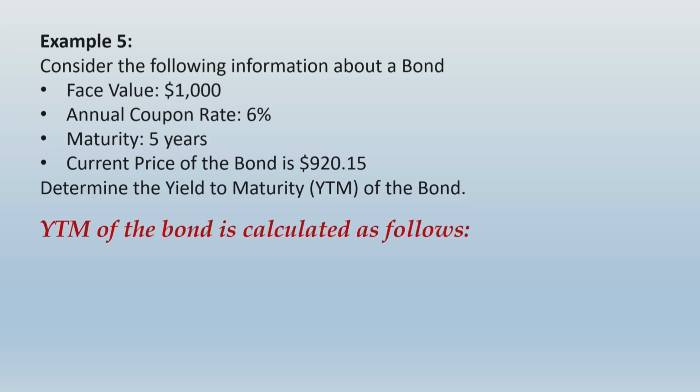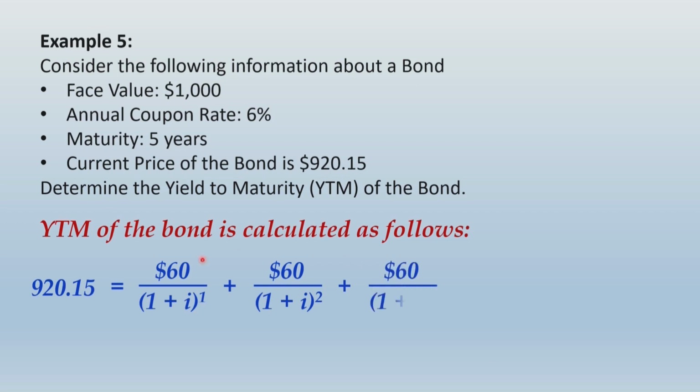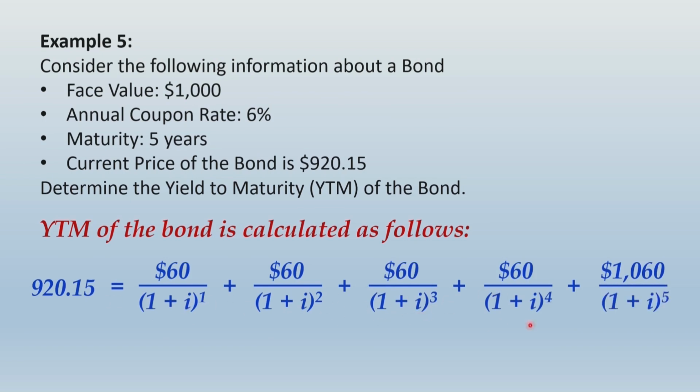So you set an equation where you are considering I as the discounting rate. So it is 1 plus I raised to 1, 1 plus I raised to 2, 1 plus I raised to 3, which are becoming the values in the denominator for each of these future cash flows, and each term over here indicates the present value of each individual cash flow.